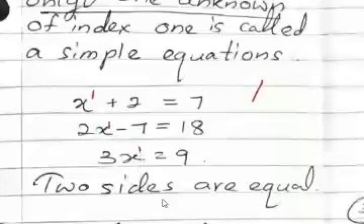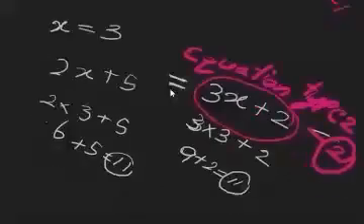The other one, two sides of the equation should be equal, right? So you can't take this type of equation as a simple equation since there are two unknowns.